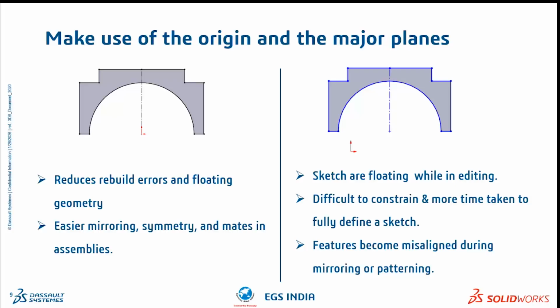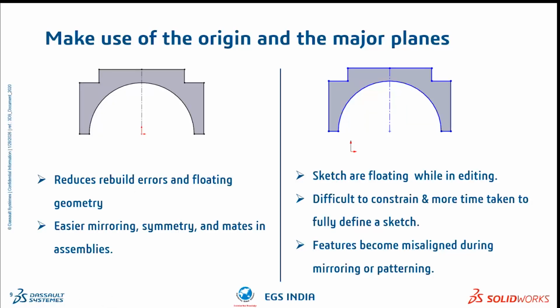With the origin being the intersection of the default planes, mirroring and symmetry based on these planes become easier. Otherwise, if we are not using a proper origin or a proper primary plane, it's very difficult to make mirrored or symmetric features using the geometry.